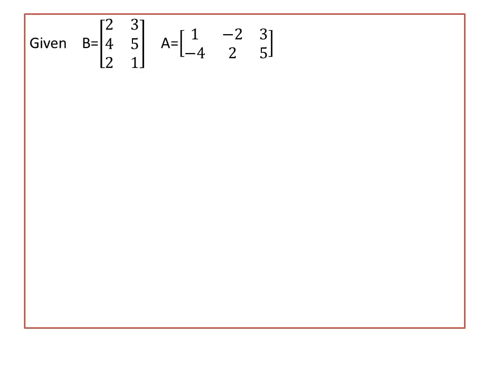Again, we'll see how to multiply matrix B to the matrix A. The matrix BA is [2, 3; 4, 5; 2, 1] into [1, -2, 3; -4, 2, 5].